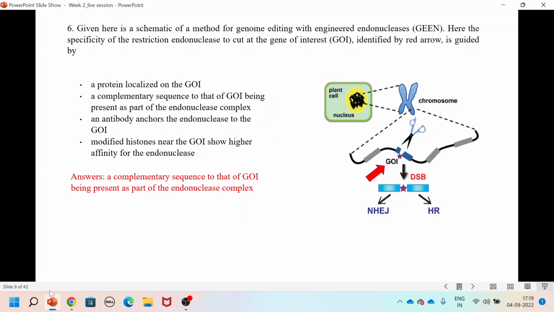Similarly, in this case, where we are performing genome editing with engineered endonucleases, the endonuclease complex consists of a sequence which is complementary to the gene of interest, and this sequence will come and recognize the gene of interest and bind to it, and as a result the endonuclease activity will take place, and therefore the endonucleases, which are also known as the molecular scissors, will cut at the specific site.